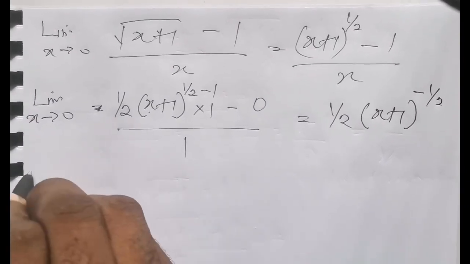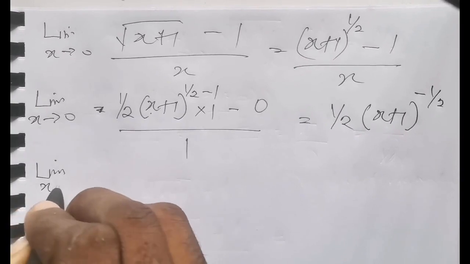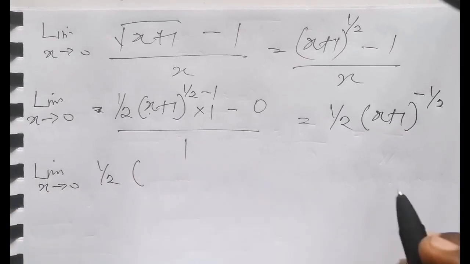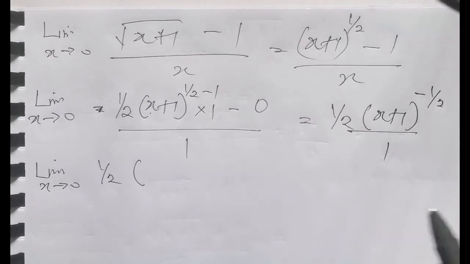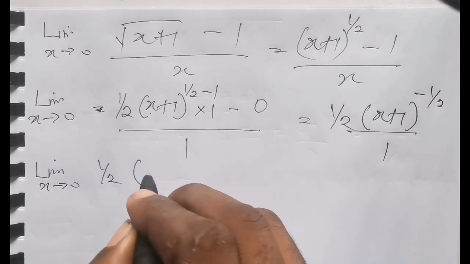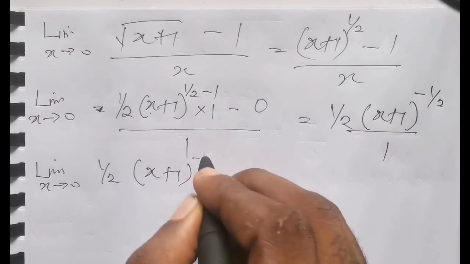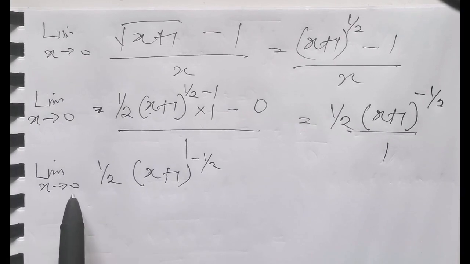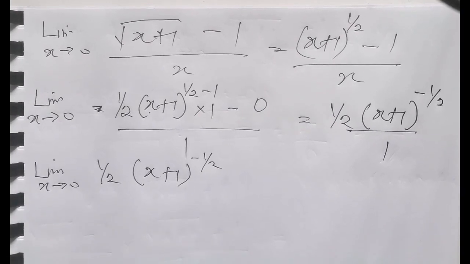So therefore, it becomes the limit as x approaches 0 of 1 over 2 into x plus 1 to the power of negative 1 over 2. Now we put in the value of x as 0, the point of approach.